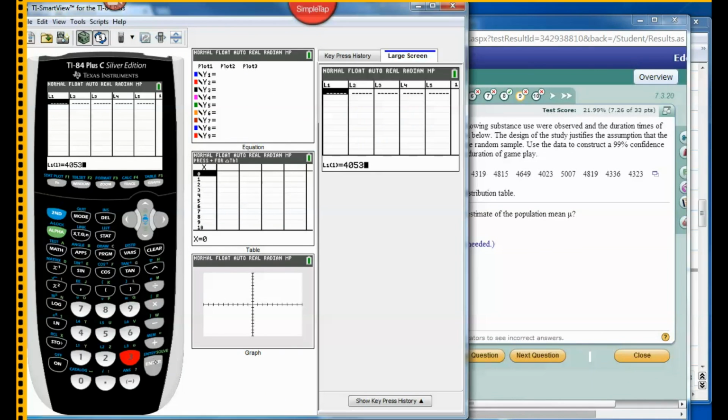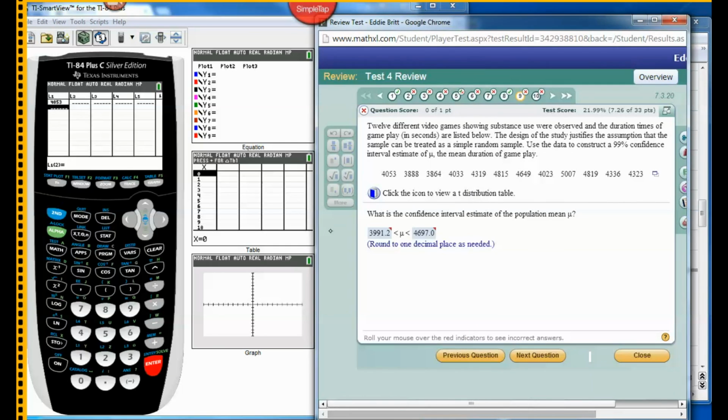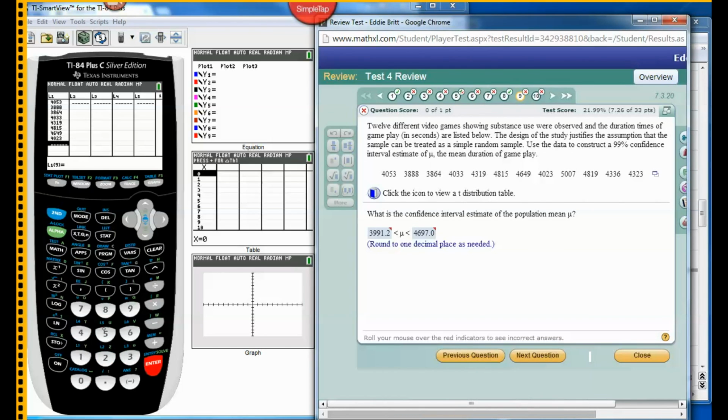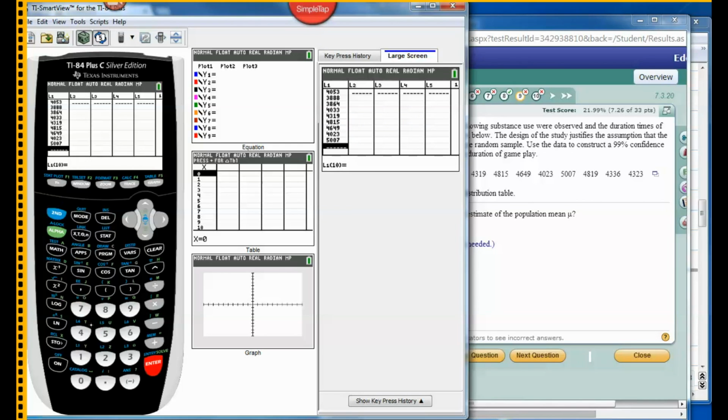All right, 4053, 3888, 3864, 4033, 4319, 4815, 4649, 4023, 5007, 4819, 4336, and 4323. All right, so there's my data set.